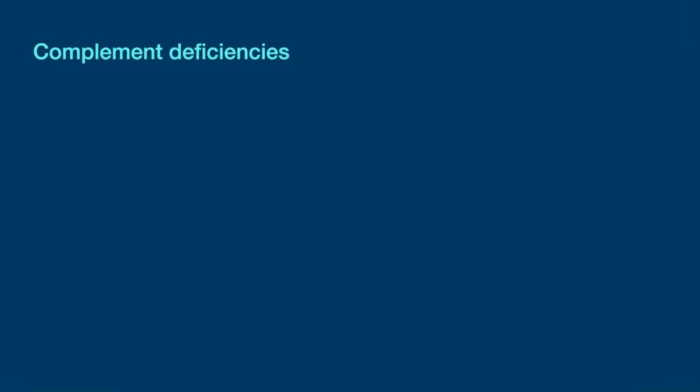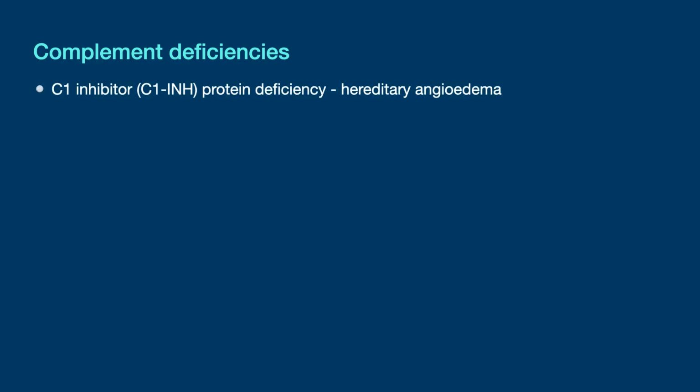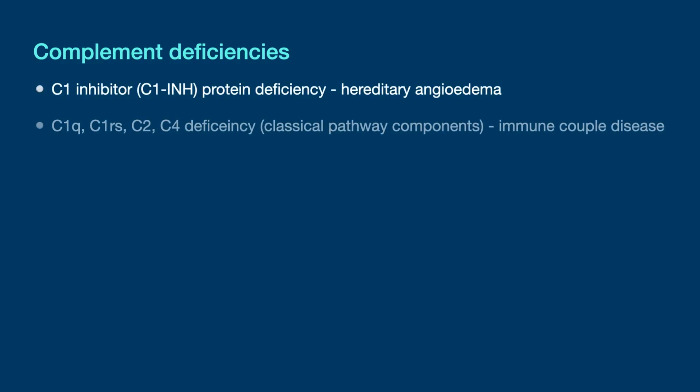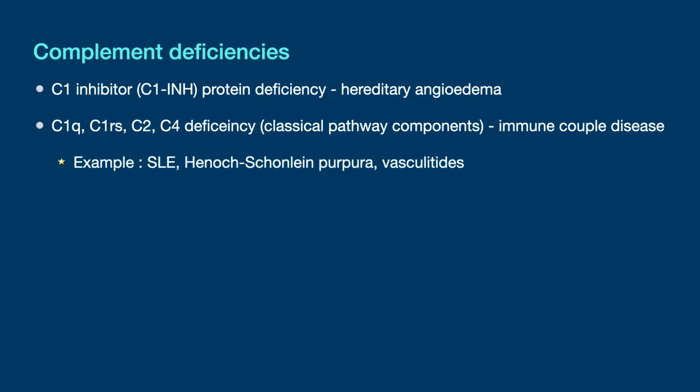Complement deficiencies. Complement is a series of proteins that circulate in the plasma and are involved in the inflammatory and immune reaction of the body. Complement proteins are involved in chemotaxis, cell lysis, and opsonization. C1 inhibitor protein deficiency causes hereditary angioedema. C1q, C1r, C1s, C2, and C4 deficiency causes immune-complex disease such as SLE, Henoch-Schönlein purpura, and vasculitis.